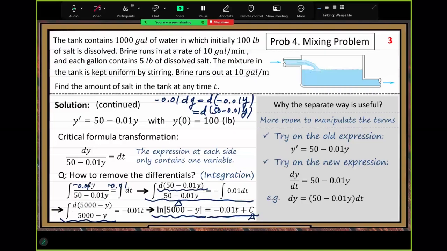Is it possible that the amount could be greater than 5,000? Is it possible? No, right? Because the initial amount is 100 pounds.